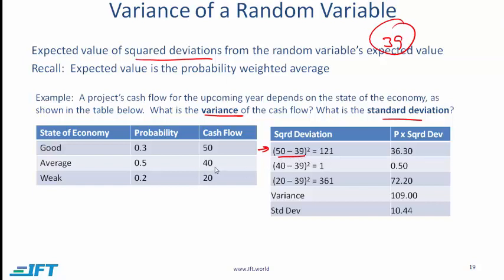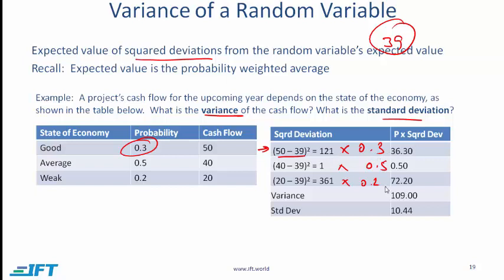Similarly, with a cash flow of 40, the squared deviation is 1. Here the squared deviation is 361. We then want to find the expected value of the squared deviations. To do that, we simply take each squared deviation, multiply by the probability, 0.3 over here, 0.5 and 0.2. This 36.3 is the squared deviation times the probability.